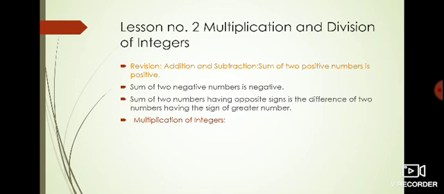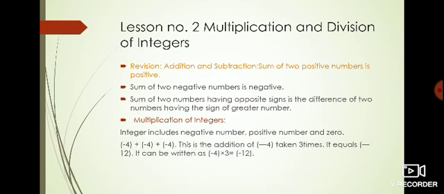For multiplication of integers there are some rules that we will see now. Integer includes negative numbers, positive numbers and 0. This one we know already. Now see one example: -4 plus -4 plus -4.